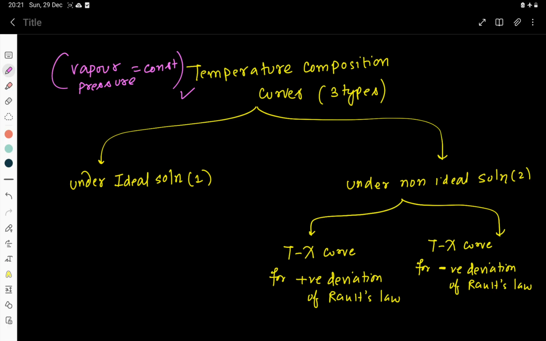Under non-ideal solution there are two main cases, one is positive deviation and the other is negative deviation. So basically we have three curves.